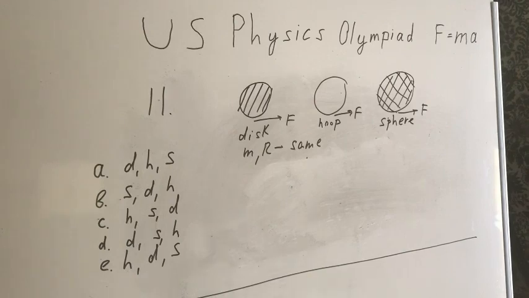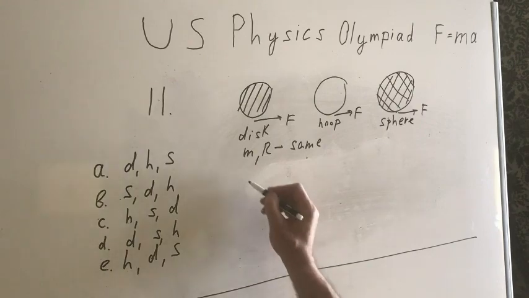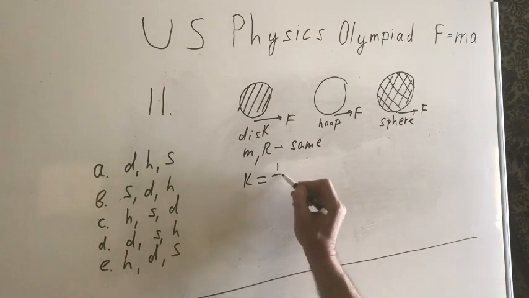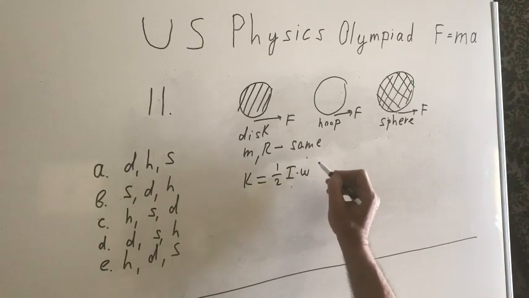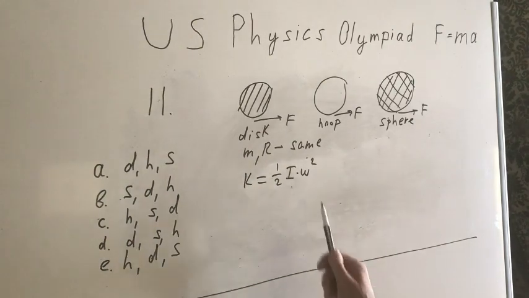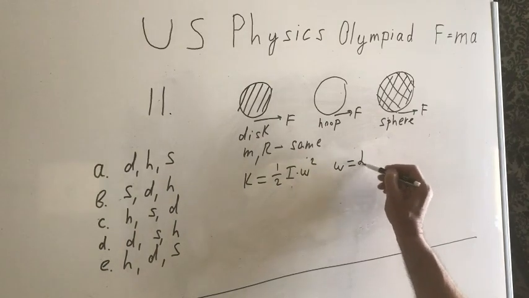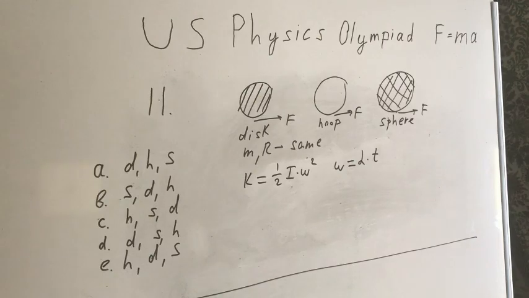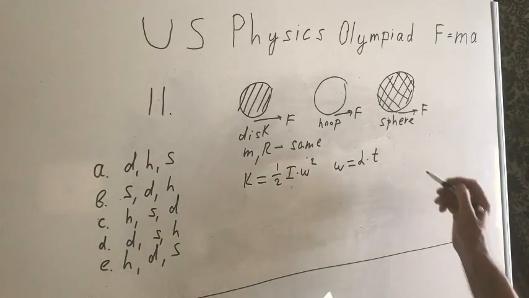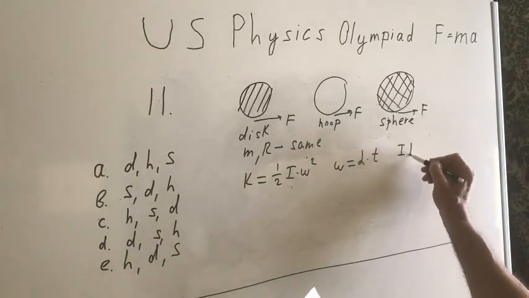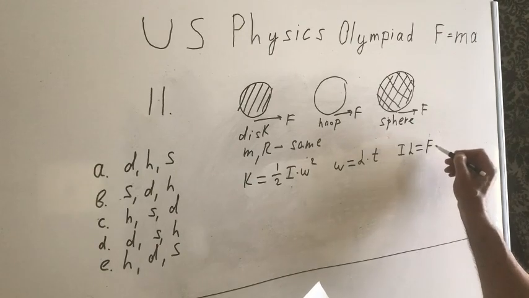So all three objects are in the same condition, so we can just compare their final kinetic energy. So kinetic energy equal 1/2 I omega square. So we need to find the expression for this kinetic energy. To find omega, that's angular acceleration multiplied by time. And the angular acceleration we can find from the regular expression I alpha equal Fr.